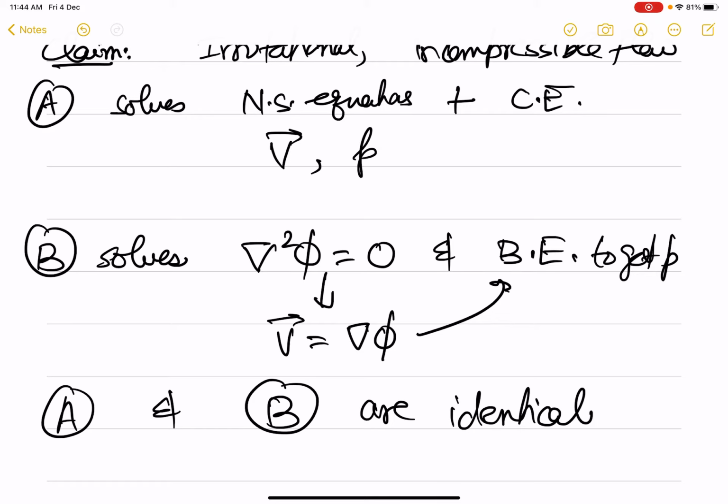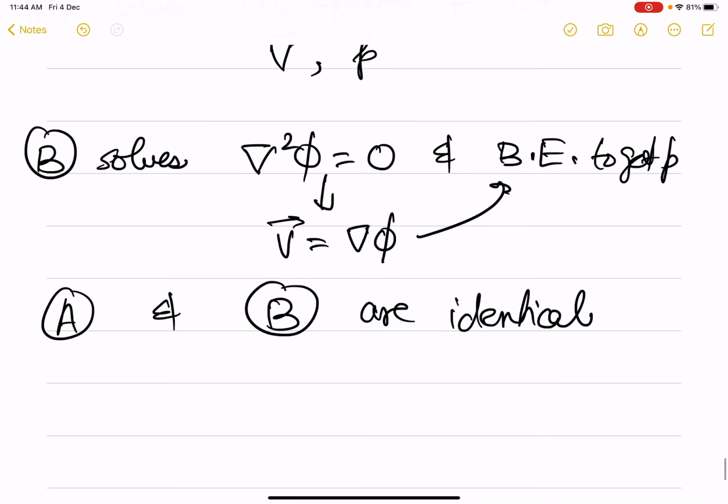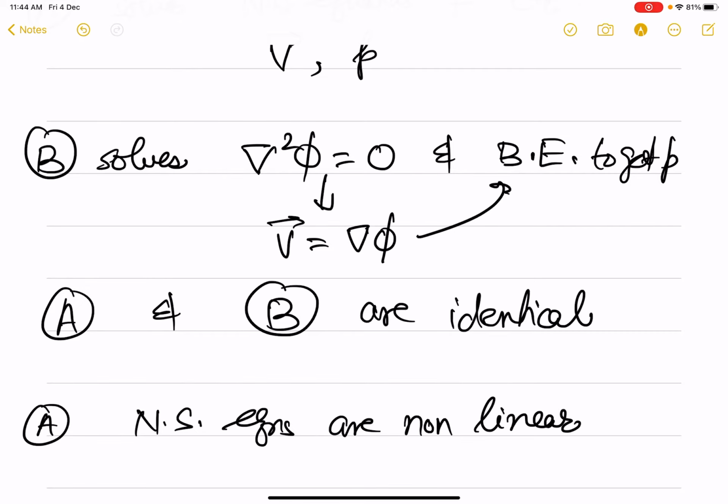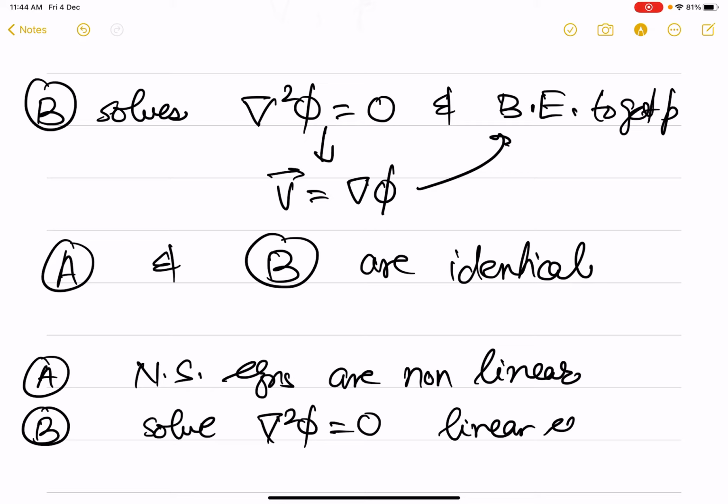Now, one of the subtle things which one can see here is that in case A, Navier-Stokes equations are nonlinear. And in B, what we do is solve del square phi is equal to 0, which is basically a linear equation.